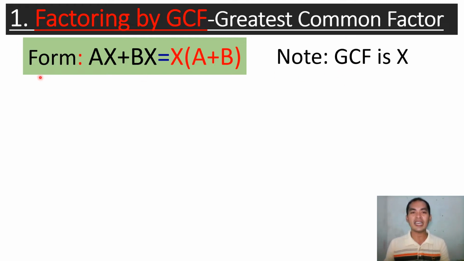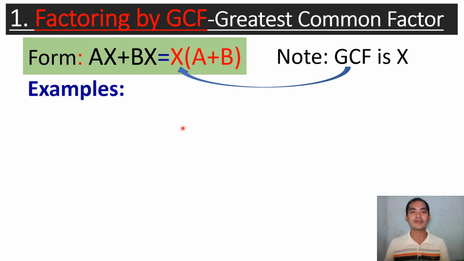Because the GCF and ax plus bx, there are only two terms, ax the first term, bx the second term. The common here is x. Yan ang tinatawag na GCF. You will write the GCF x as the first factor, and you need to divide all the terms by the GCF to get the second factor.